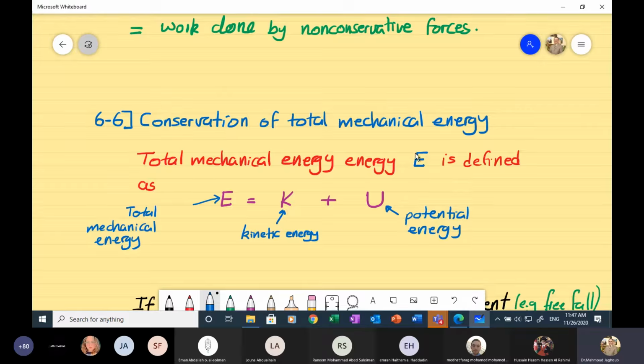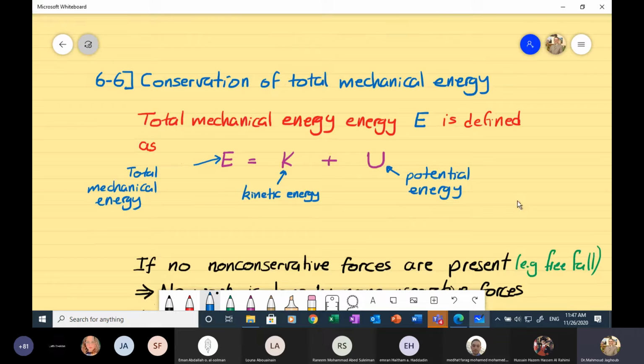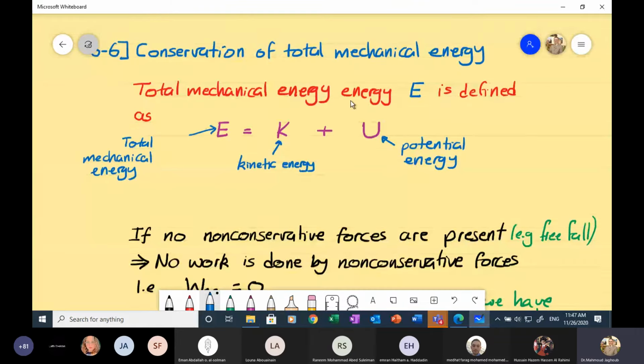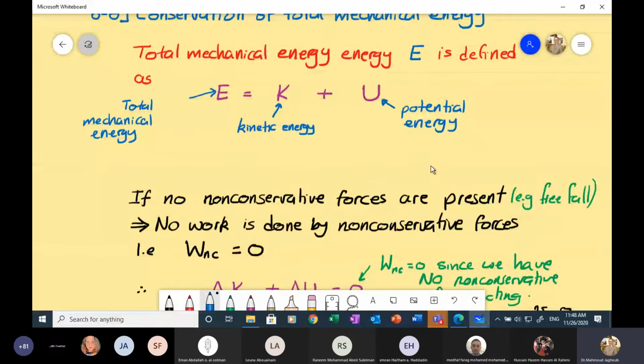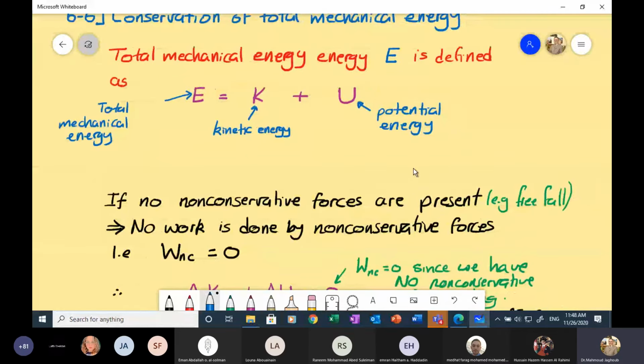Total mechanical energy, I represent it as E. It is defined as E equals K, which is the kinetic energy, plus U, which is the potential energy. E equals K plus U. For any object, if you add up its kinetic energy and potential energy, you get what we call total mechanical energy.